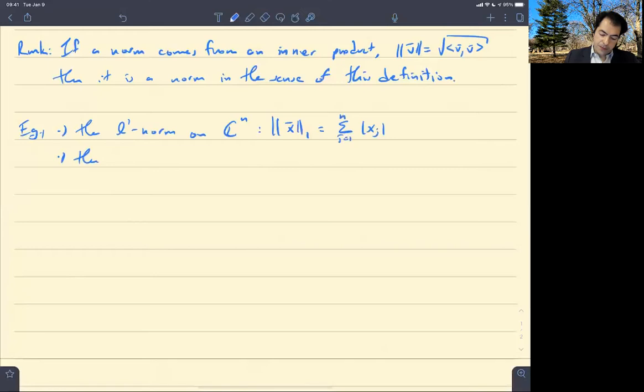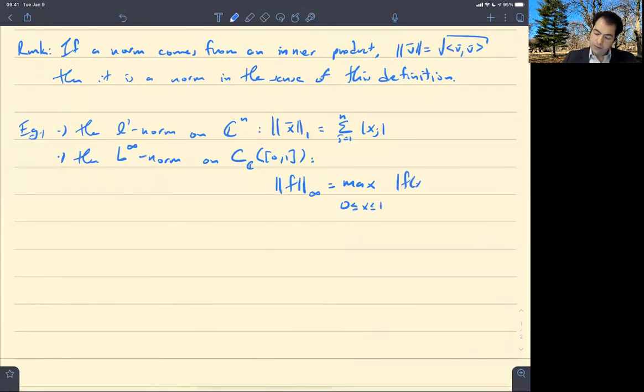Here's another example, the L infinity norm on continuous functions on [0, 1], say with values in the complex numbers. So the L infinity norm of a function is to take the maximum of all of the moduli of the values of the function.